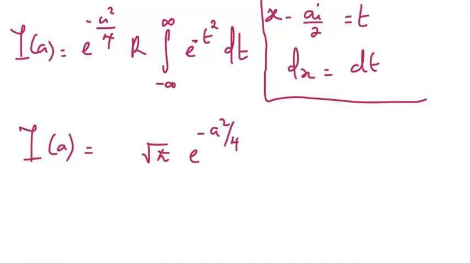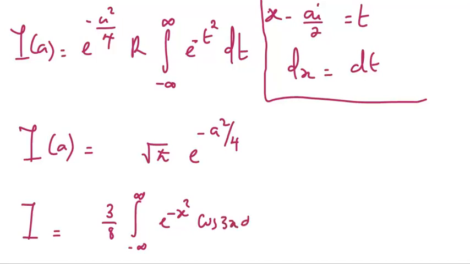This is awesome. Okay, don't forget that I is equal to 3 by 8 times the integral from negative infinity to positive infinity of e to the negative x squared cosine of 3x dx, and then plus 1 by 4 times the integral from negative infinity to positive infinity of e to the negative x squared cosine of 9x dx.